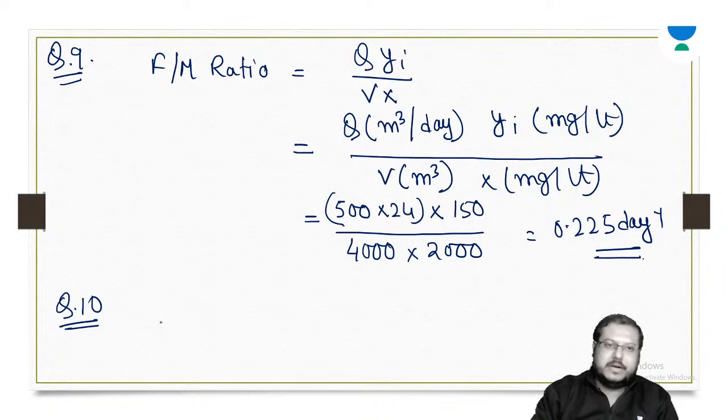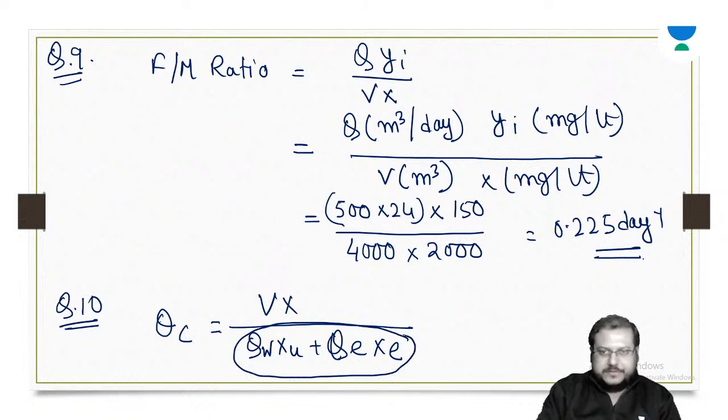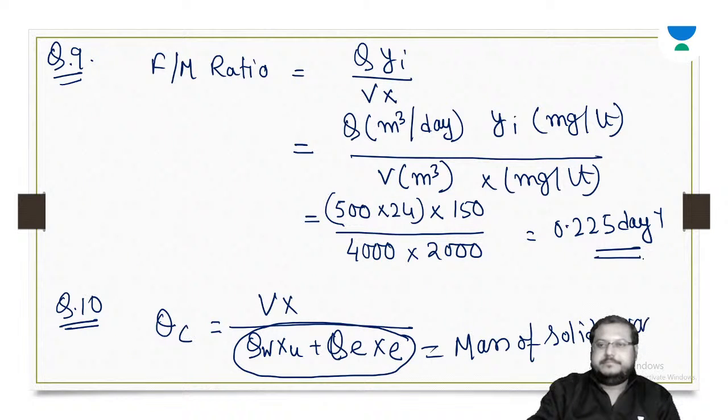But if you remember the theta c formula, that is Vx by QwXu plus QeXe, right? The bottom part of this fraction is the mass of solid wasted per day.